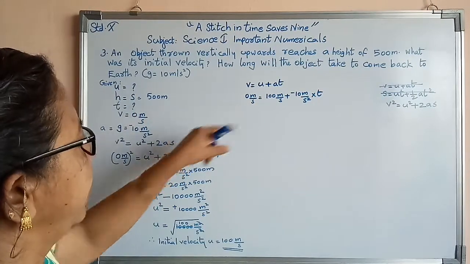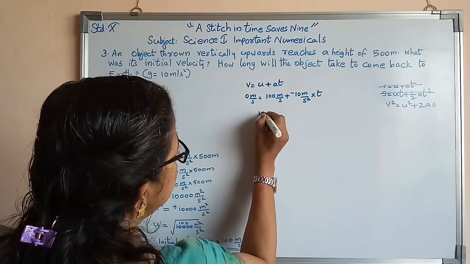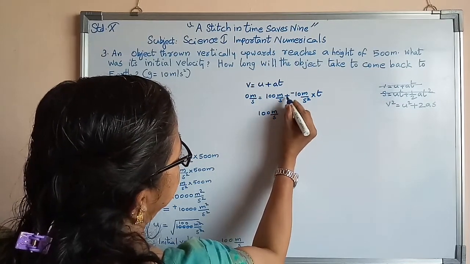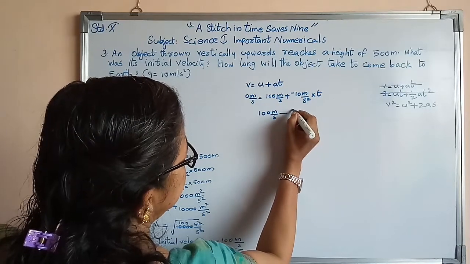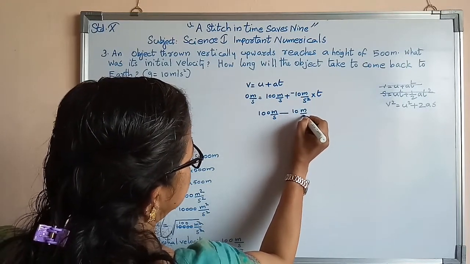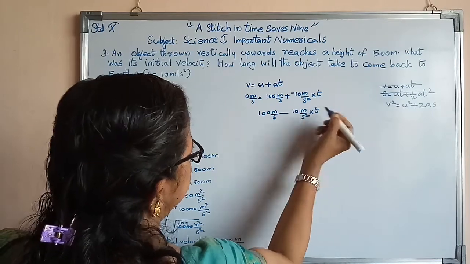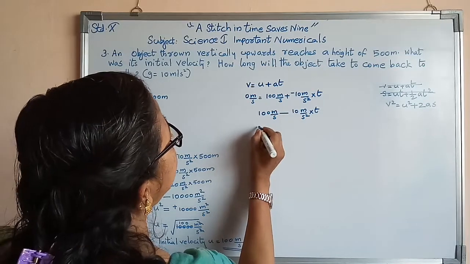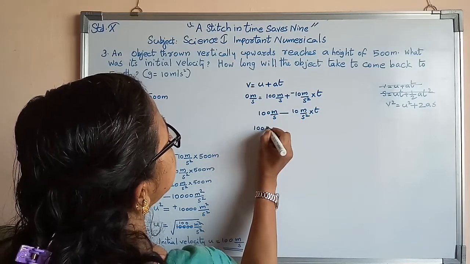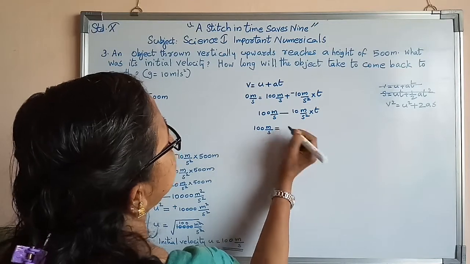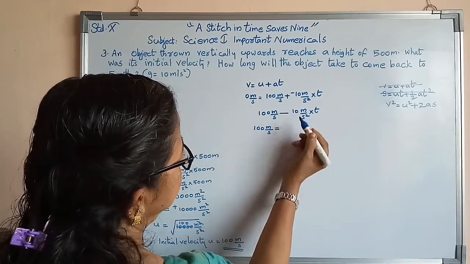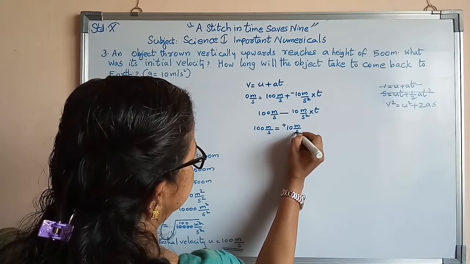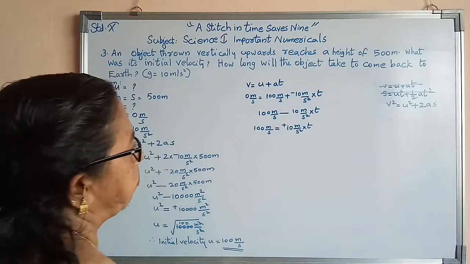Now the value of this side we can avoid. Then 100 meter per second, plus into minus, minus 10 meter per second square into T. Now here this thing we can write as 100 meter per second equal to, then this value will become plus 10 meter per second square into t.